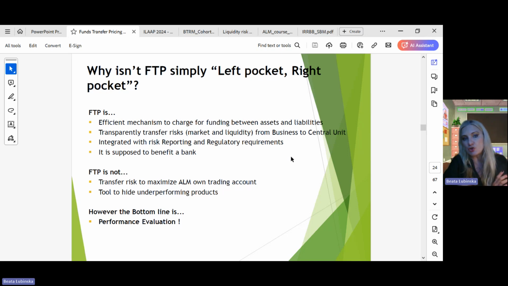And of course, it shouldn't be a tool to hide underperforming products. If you have a product which is not performing according to your expectation, FTP should show you the fact that this is an underperforming product.